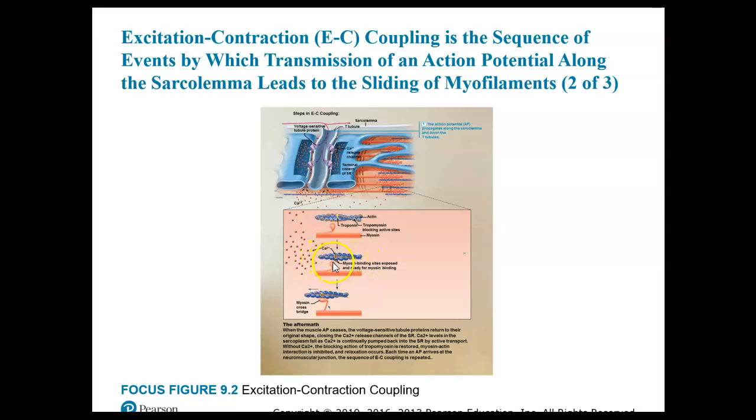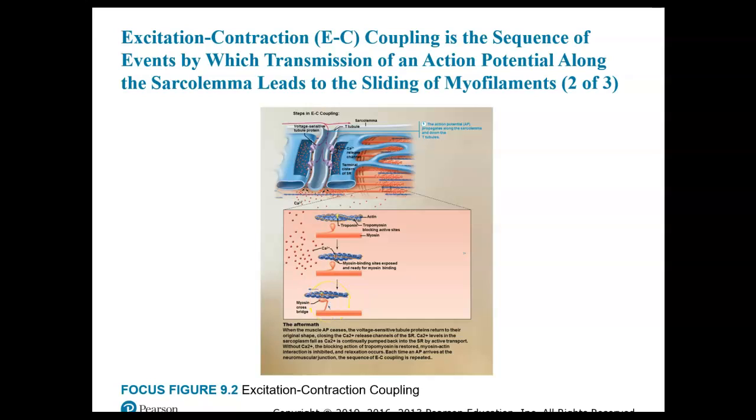The myosin, the part that binds to the actin, looks kind of like a golf club with two clubs on the end. Well, those two clubs of the myosin are going to bind to the active sites on the actin. This is all triggered by calcium ions. And then the myosin, once it's attached, will pull the actin filaments toward each other.